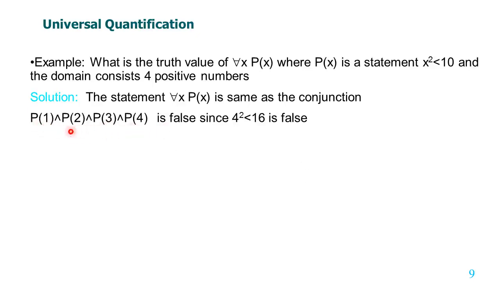P1 is true, P2 is true, P3 is true, but P4 is false, because 4 square is less than 10 is false. Hence, by the rule of conjunctions, this statement will be false.